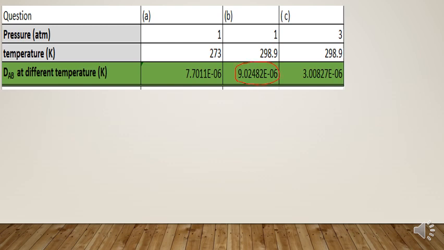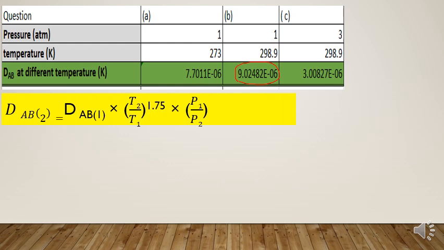We are using this equation. We want to determine the DAB, so I consider this as condition 2, case 2. I want to determine DAB2, which is this one. How can I determine it? I need to use this equation.